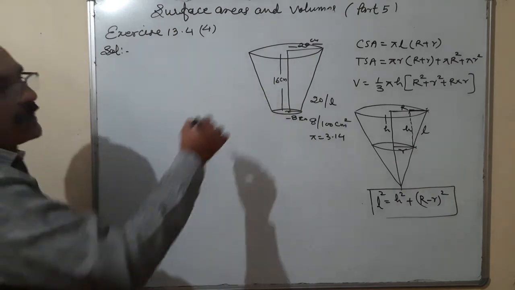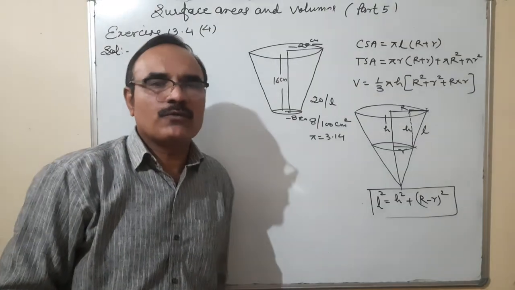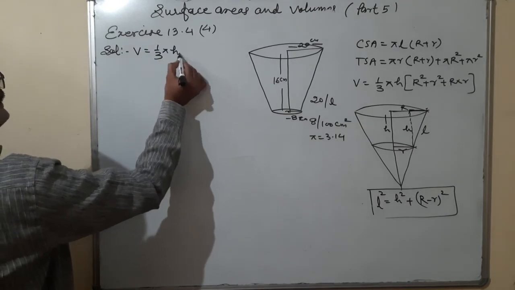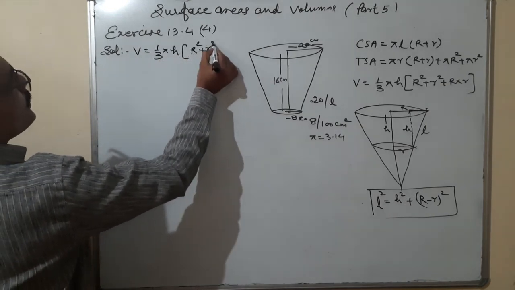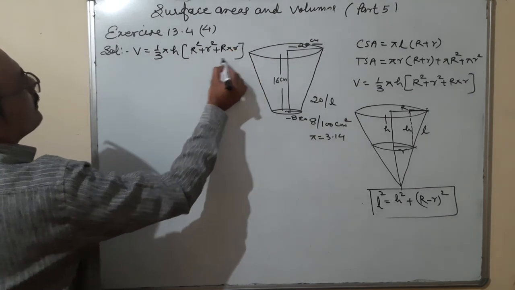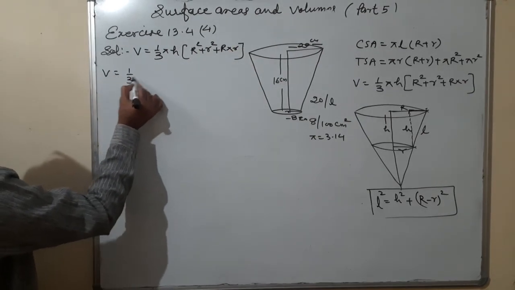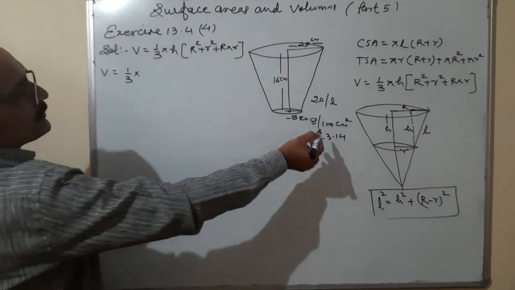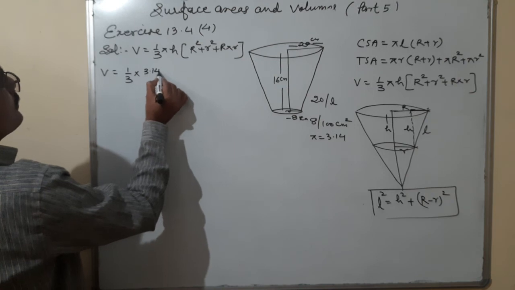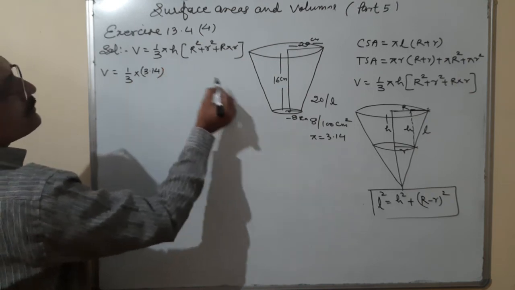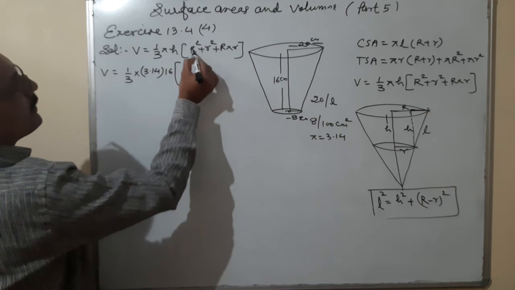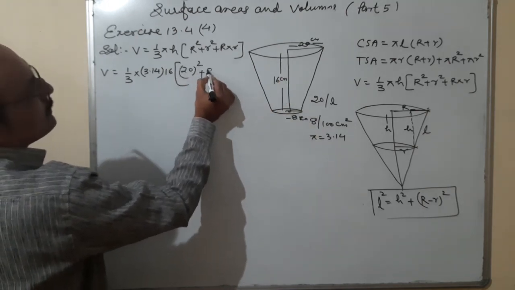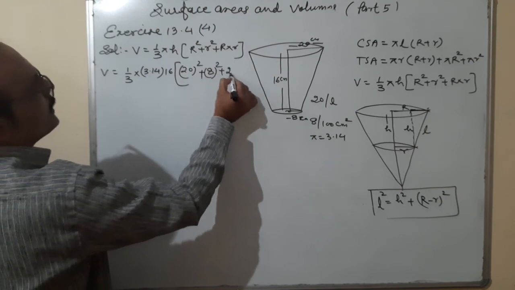Number one, we are going to find the capacity of it. That means the volume of the frustum of a cone. So volume is equal to 1 upon 3 pi h (R square plus r square plus R into r). V is equal to 1 upon 3 pi, in place of pi we write 3.14, h 16, 20 square plus 8 square plus 20 into 8.